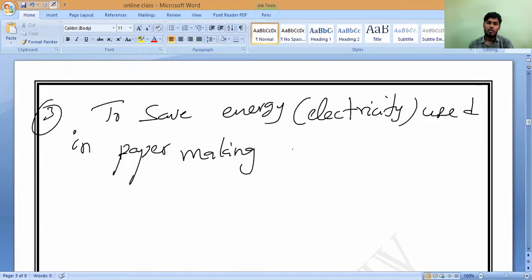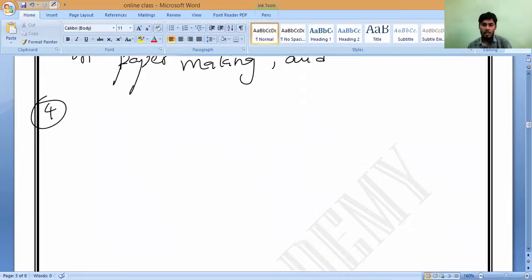Then we also save human health. That is chemicals. The last one is chemicals. We can reduce the amount of harmful chemicals used in paper making.